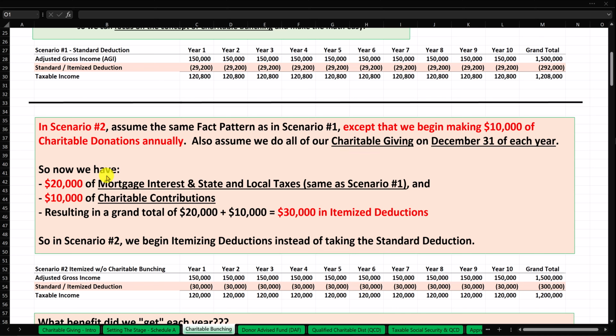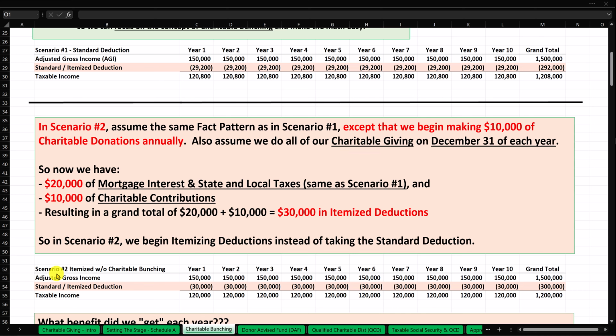So now we have, for this example, $20,000 of mortgage interest and state and local taxes, which is the same as scenario 1, and we have $10,000 of charitable contributions, resulting in a grand total of $20,000 plus $10,000 equals $30,000 in itemized deductions. So in scenario number 2, we begin itemizing deductions instead of taking the standard deduction.